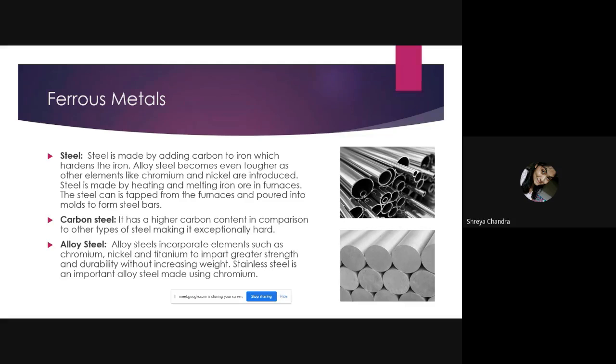Carbon steel and alloy steel are different steels. It is a variety of steels. Carbon steel contains more carbon in comparison to other steels, which makes it hard and stronger. And alloy steel imparts greater strength and durability, while increasing its weight. Stainless steel is an alloy steel.